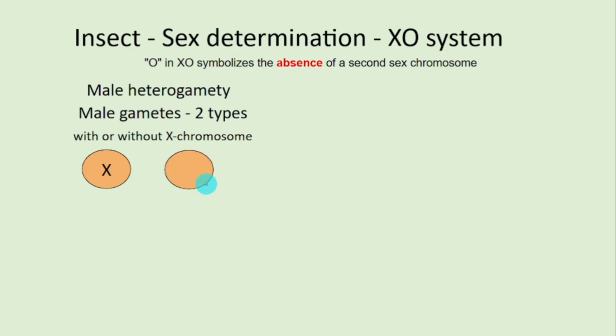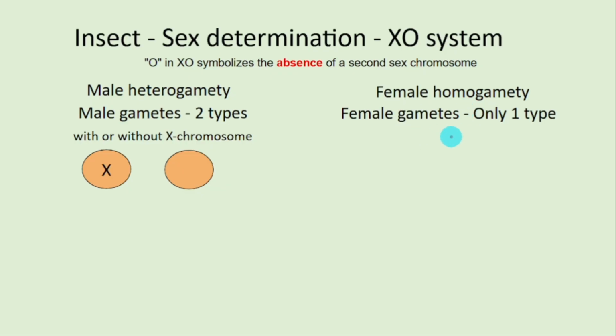Don't see this as any kind of error or abnormality. This is a functional gamete, but it is without any sex chromosome. And females show homogamety. As the name suggests, females will produce only one type of gamete. So both the gametes will look the same.